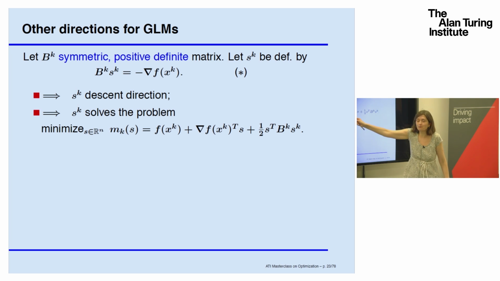Okay, this is why you need a positive definiteness. If you don't have it, you lose the descent property. Okay? Furthermore, you can show that if, again, under this assumption, so that this quadratic function here is convex, then this direction minimizes a second-order approximation of my function around the current point.